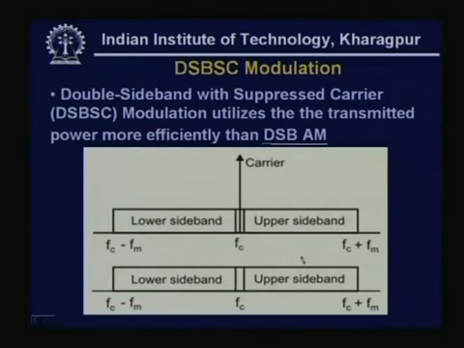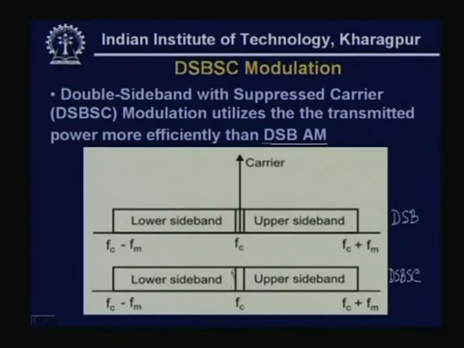So, this is your normal DSB transmission, double sideband transmission. Now, the carrier has been removed, and as you can see here, we have got only two sidebands. So, this is your DSB-SC, double sideband with suppressed carrier transmission.